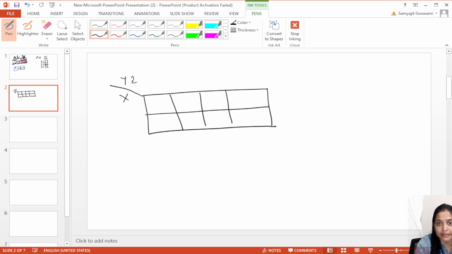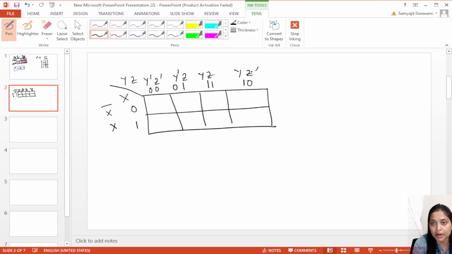Here 0 and 1, and this is 0 0, 0 1, 1 1, 1 0. This is the representation. You have to remember this. So this is X bar, X, this is Y bar Z bar, this is Y bar Z, this is YZ, this is YZ bar. So you have to count in this way: 0 0 0 is 0, 0 0 1 is 1, 0 1 1 is 3, then 2, then 1 0 0 is 4, 5, 7, 6.